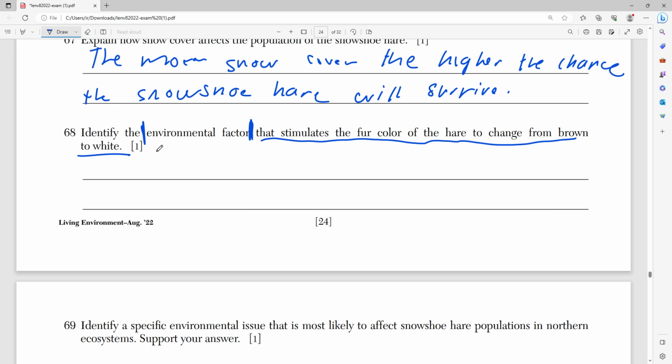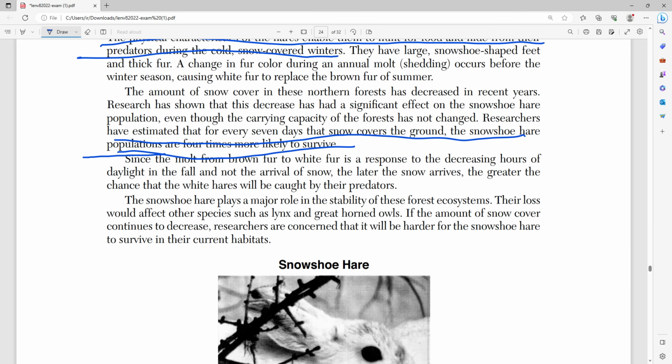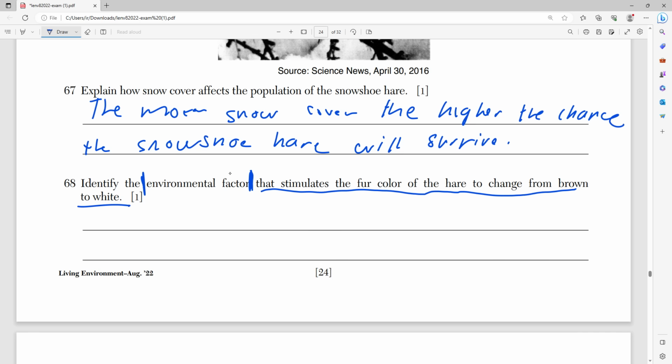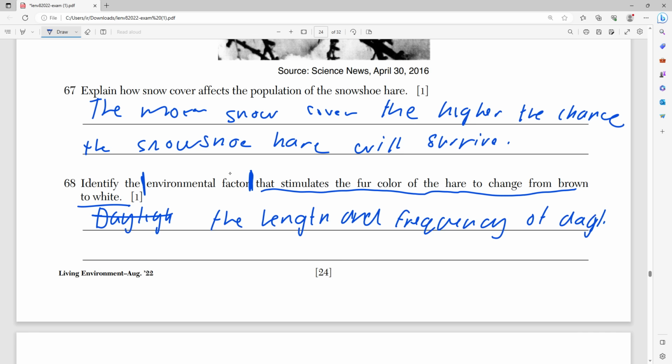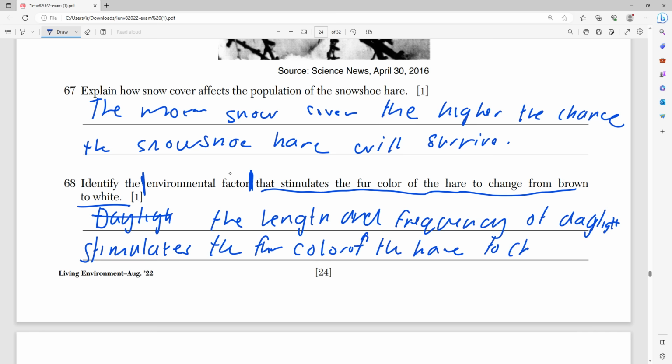So, and we're asking for an environmental factor, right? Well, didn't we just read that since the molt from brown to white fur is a response to decreasing hours of daylight, doesn't that mean that the length and frequency of daylight stimulates, or causes, that's a synonym of stimulates, the fur color of the hare to change, right?